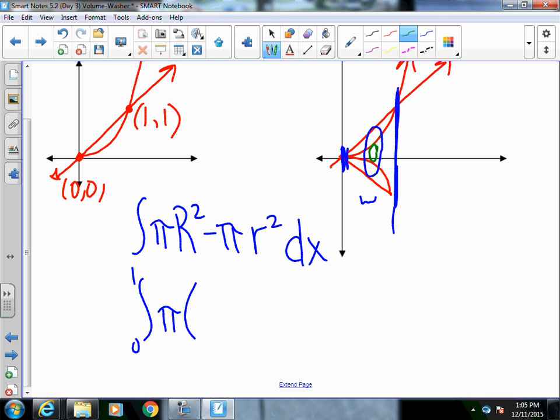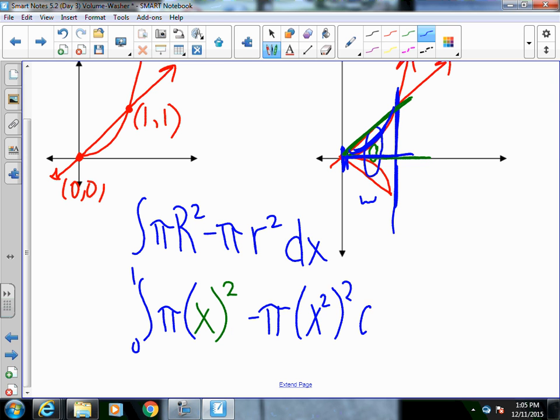Big R is going to be the distance from the straight line, this one, to the x-axis, which, no matter where you do it, is x. Little r is going to be the distance from our curve here, our x squared curve, to the x-axis, which, no matter where you do it, is going to be x squared. And again, the dx, because the thickness of our washers is dx.